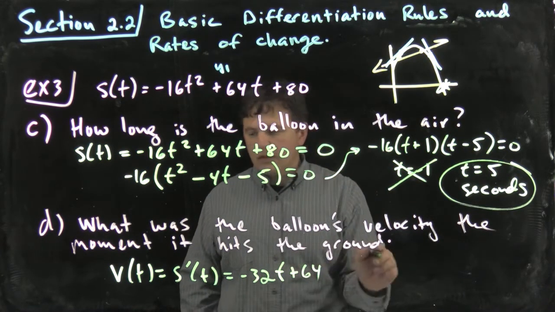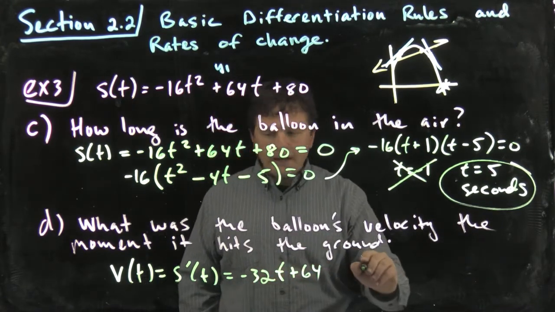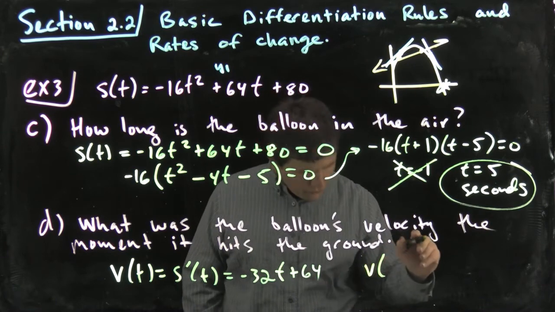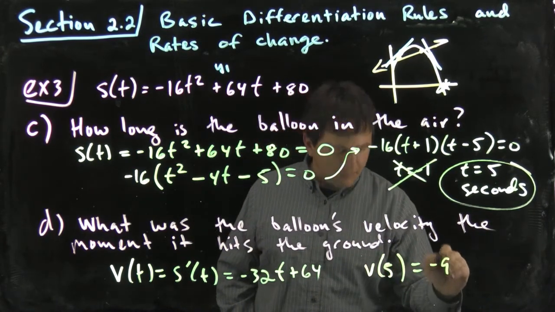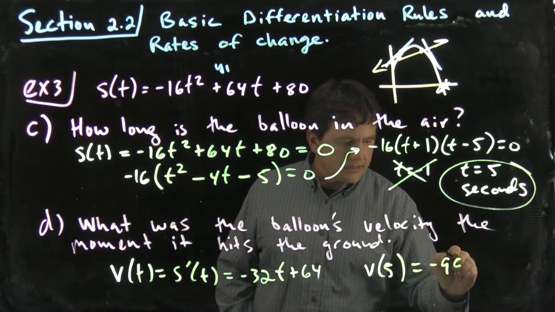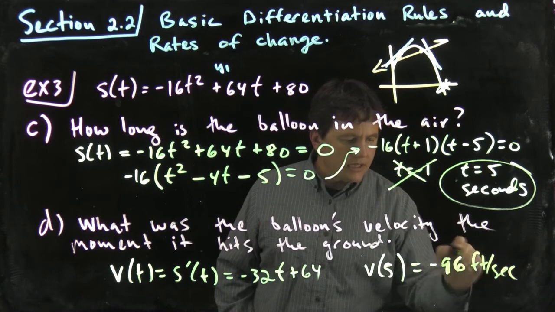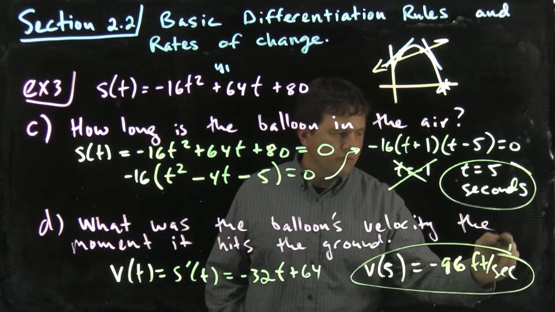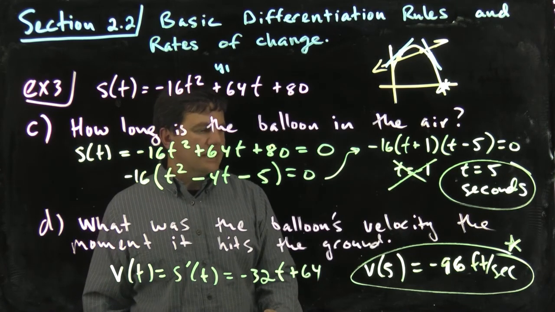Oh, I did the wrong thing. I have to make it okay. So anyways, v of 5 is equal to, just plug 5 in, -96 feet per second. You guys probably already caught this. So this is the velocity that the balloon is at when it hits the ground.